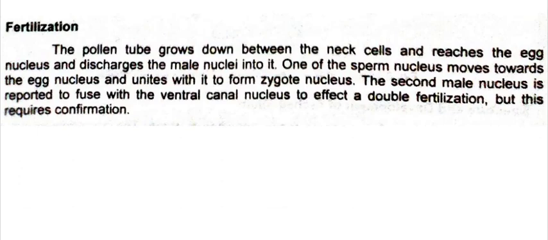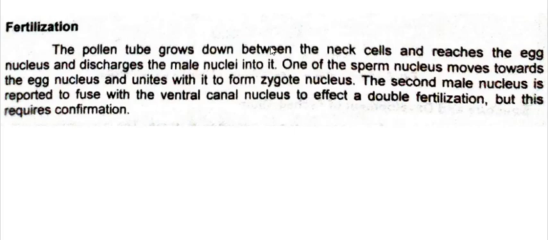After pollination, the next step is fertilization, the fusion of the male gametes with the female gamete. The pollen tube produced by the pollen grain grows down between the neck cells.